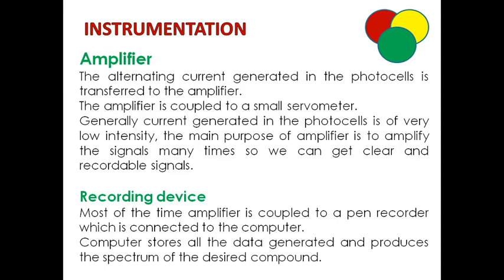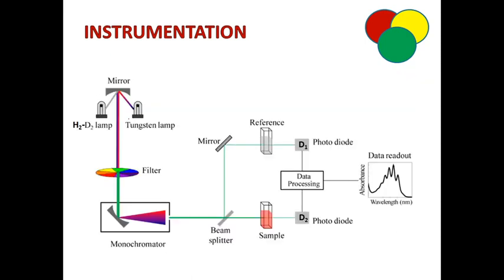Now we can see the picture of the spectrophotometer. Here you have a light source. Two light sources we are using here: hydrogen deuterium lamp and tungsten lamp.